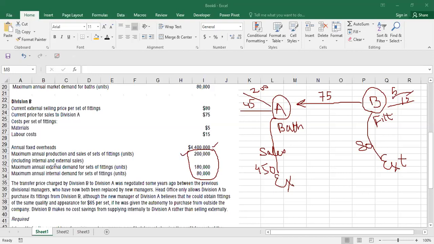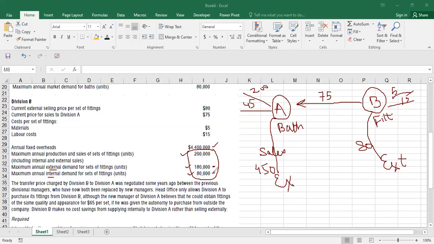Maximum annual external demand is 180,000, and maximum annual internal demand is 80,000. So their production is 200,000, but if they want to sell all to outside and inside, it is 260,000. So there must be some compromise. Either they will not sell to external parties or they will not sell to the internal parties, because they cannot supply both.